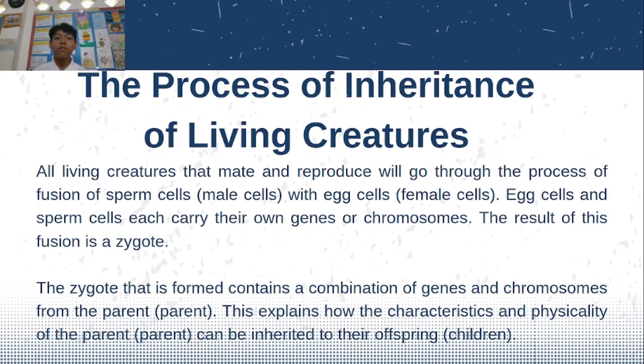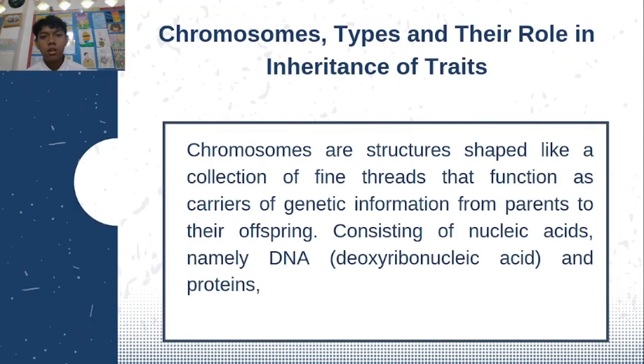In the process of inheritance, all living creatures that mate and reproduce go through the fusion of cells, male cells with egg cells, female cells. Egg cells and sperm cells each carry their own genes or chromosomes. The result of this fusion is a zygote. A zygote that is formed contains a combination of genes and chromosomes from the parents, which explains how characteristics and physicality of parents can be inherited by offspring.